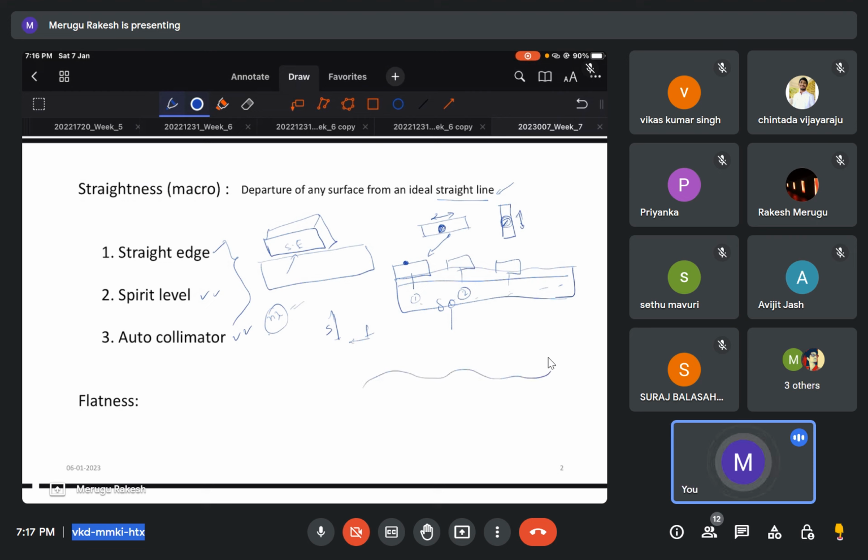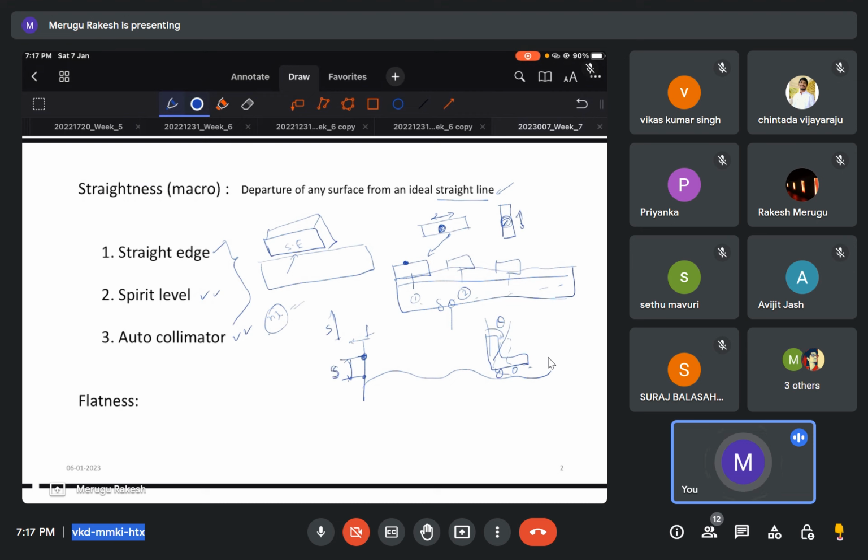If this is the surface, you will have this with the roller, and whenever there is some deviation in the surface, you will get the deviation theta here also. Accordingly, the light falling will change: previously the image is here, now it will deviate upper or lower.